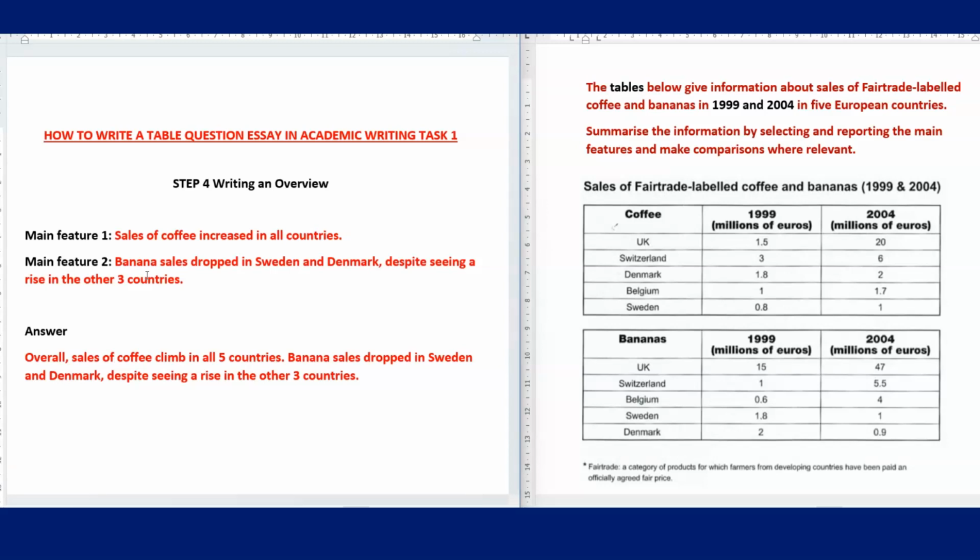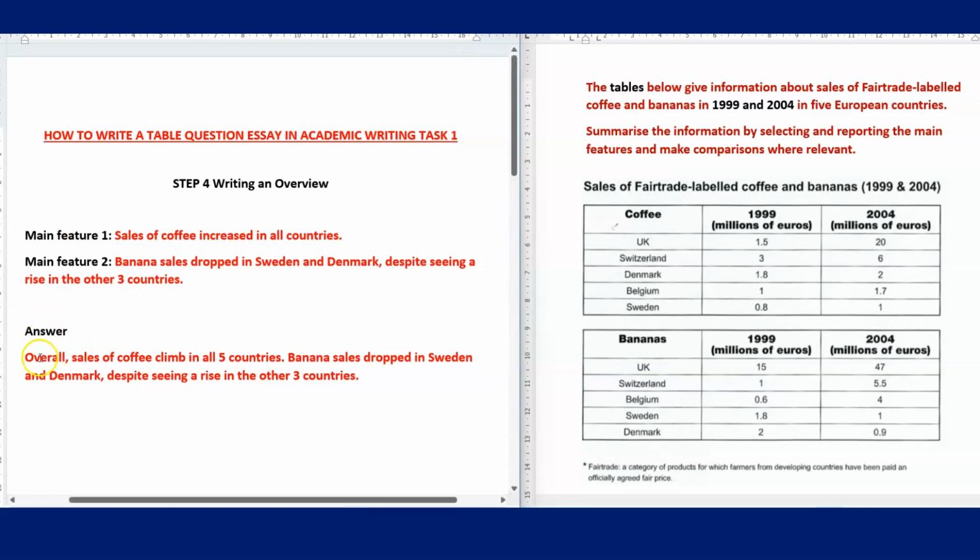You have to form the ideas or group the ideas into 2 or 3 sentences and write them as an overview. And then you don't have to use any elaborate or complicated grammar or vocabulary. Just use the appropriate words and correct verb tenses when you are writing this overview.